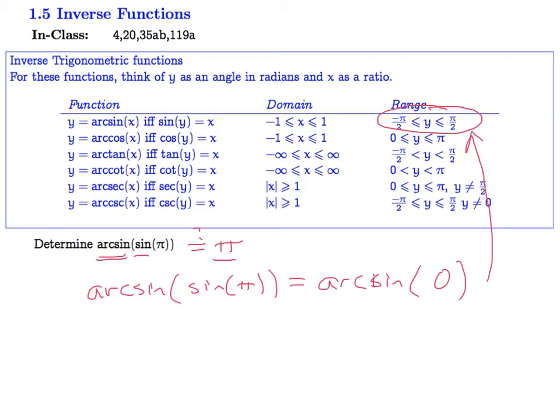That is, I want to answer the question, when is sine of theta going to equal 0? So this means that theta has to equal 0. This is the angle between -pi/2 and pi/2 that will give me 0. Let's look at another example of this problem.